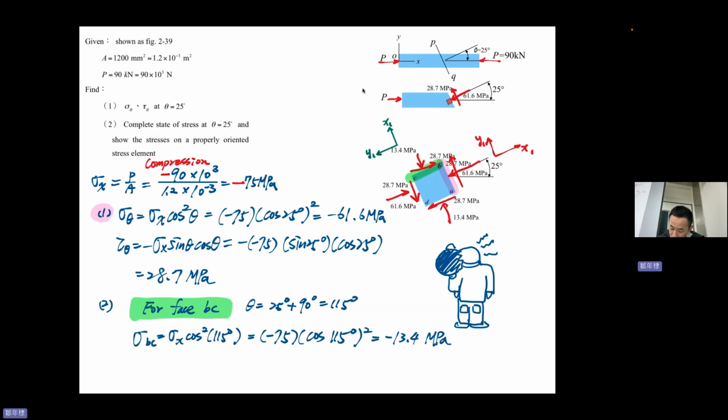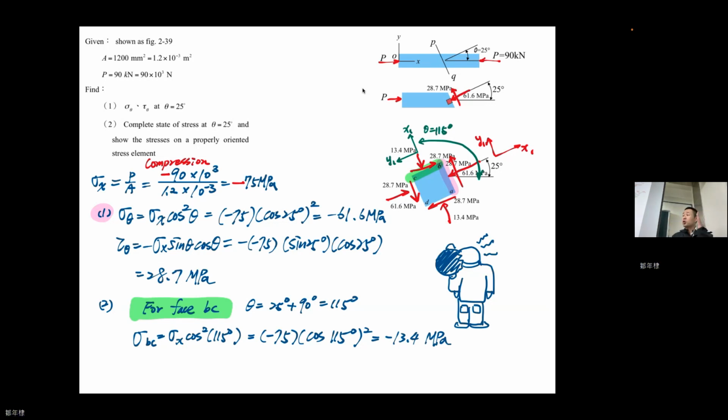Let me move a bit to make it more obvious. And then you notice that this angle is 115 degrees.